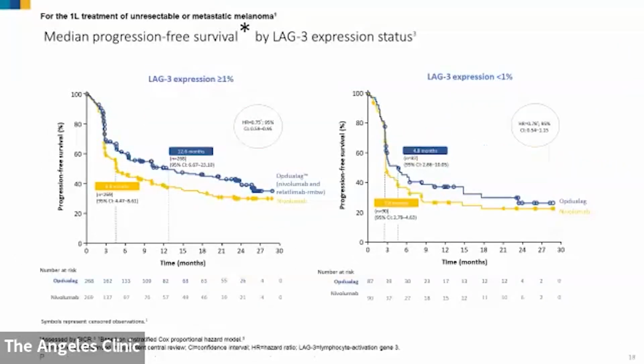And then we looked at whether how much LAG-3 is on the cells affects how well it works. If the LAG-3 expression was greater than 1%, there was improved survival in the combination. However, only a trend towards improvement was seen in the combination arm.